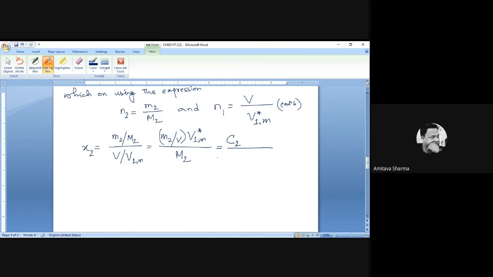If m is the weight and V is the volume, then it is gram per liter or gram per ml. This is divided by M2, the molar volume of the solvent, and this equation is given as equation 9.